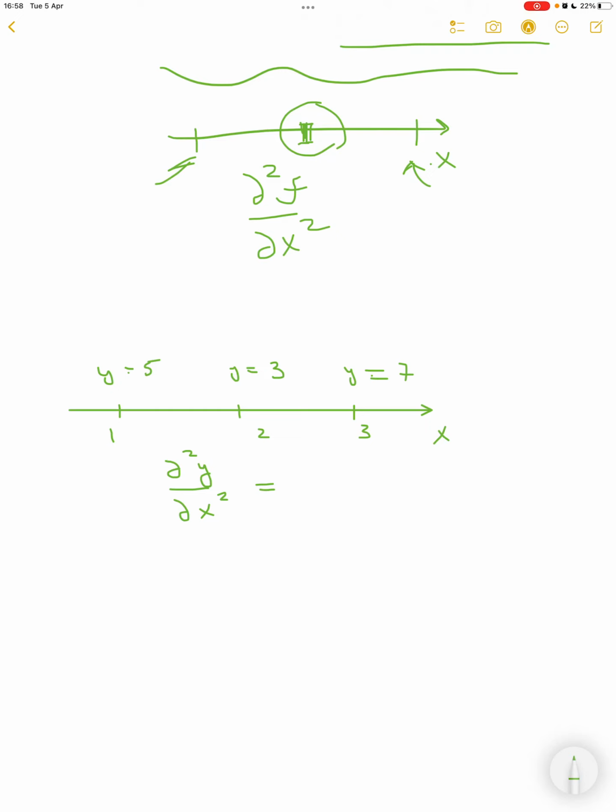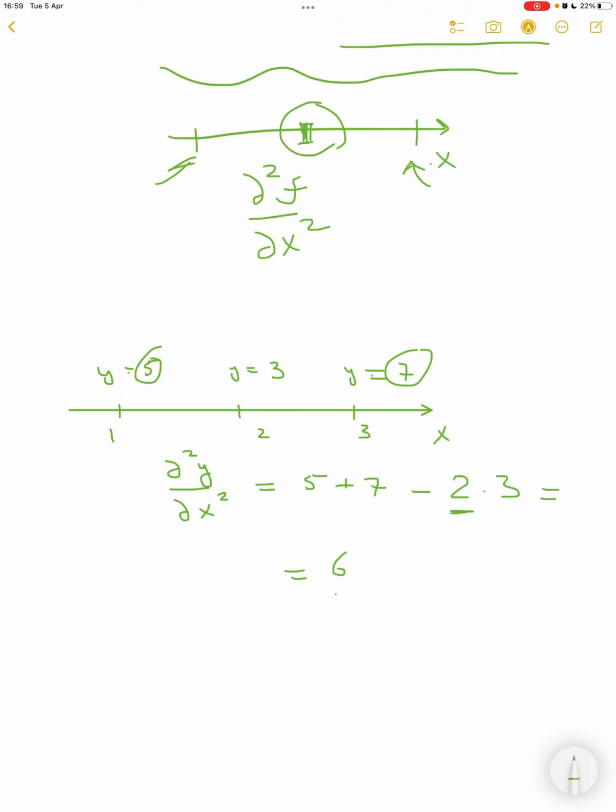So I believe you did your deal. So what will be the second order derivative? We just sum the numbers at the ends, like 5 plus 7, minus twice the number in the middle, or 3, which equals 6.